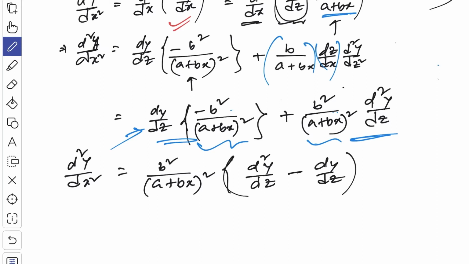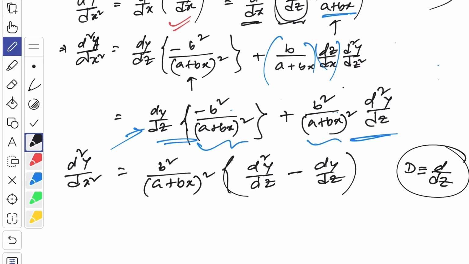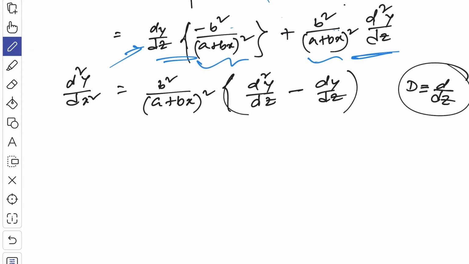So you will get this. Now here you see one more thing. We have already mentioned that D represents d by dz. So these results become, we can write this denominator on this side, (a plus bx) whole square.